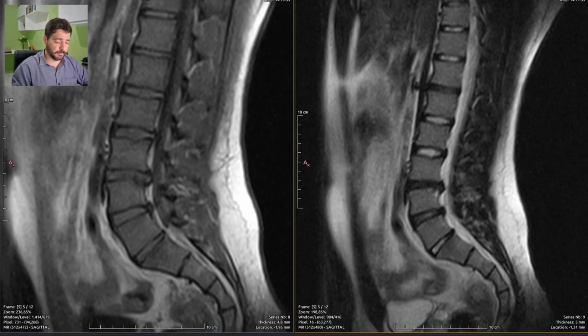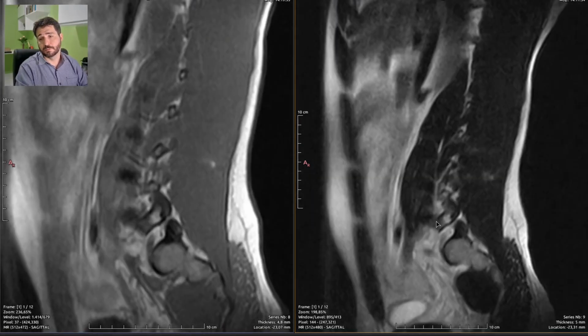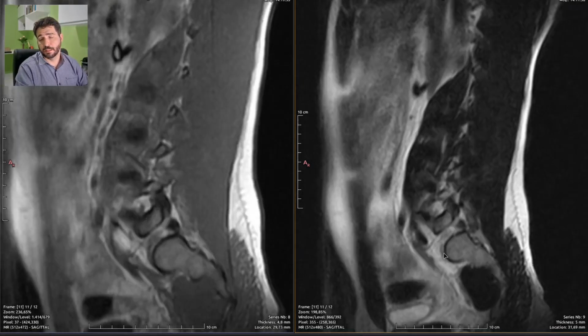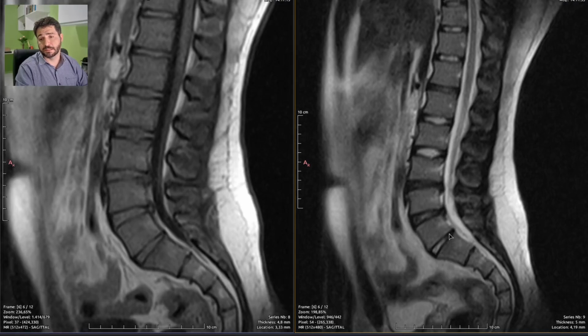So let's write it down so we don't forget it. Transitional vertebra. And I will also say it has anomalous joints and a rudimentary disc between S1 and S2, which is the case for transitional vertebrae such as this.